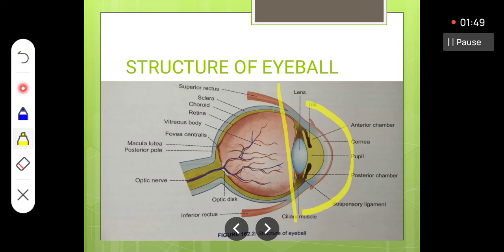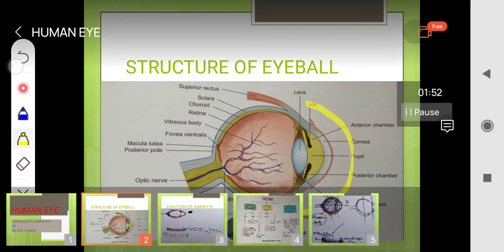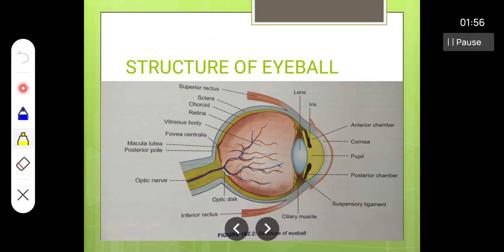We'll learn what these contain. The anterior 1/6 part and the posterior 5/6 part.